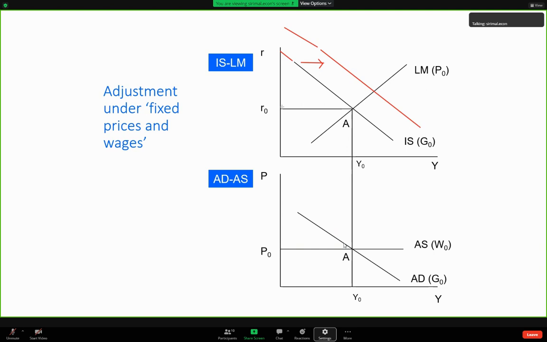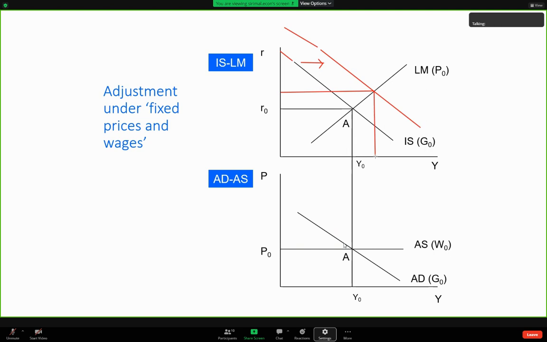So the new equilibrium point is created in the first graph. You can see it here. Interest rate has gone up and output has gone up because increase in aggregate demand gives a stimulus to increase output level to this level.